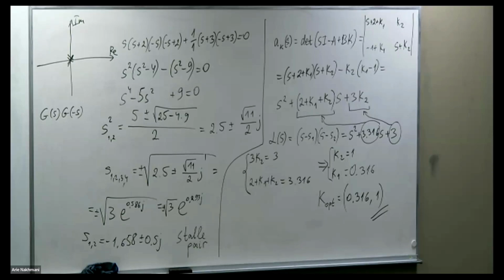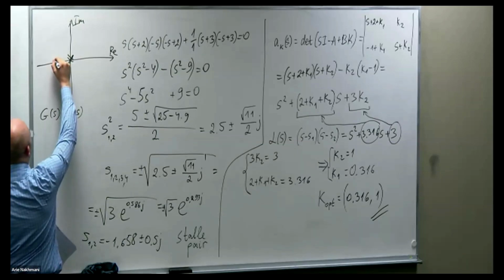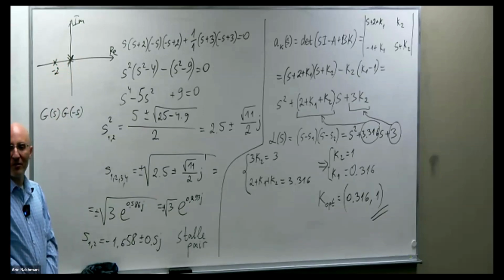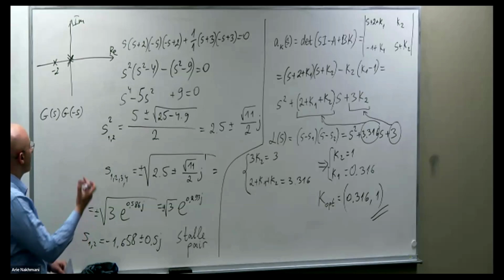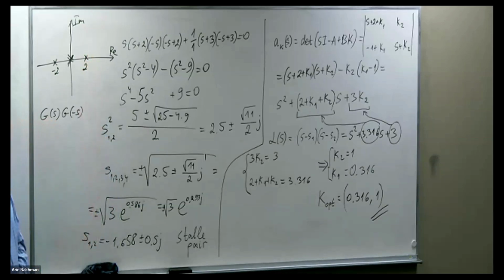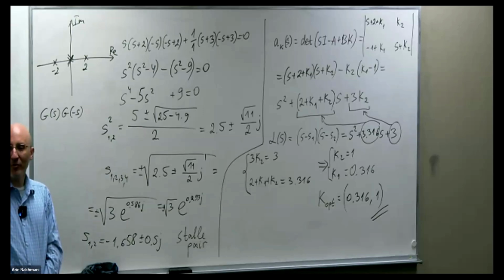Where is the additional pole? Look there. -2. It's here. Where is the reflection of it? +2. Yes. Okay, how about zeros? Where is the zero?